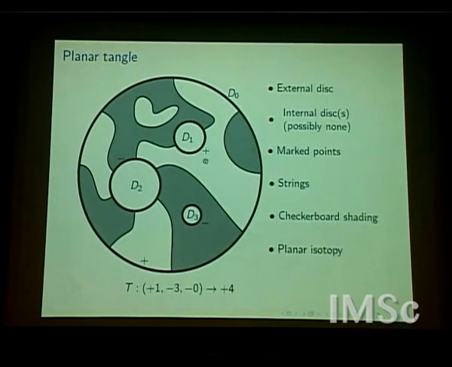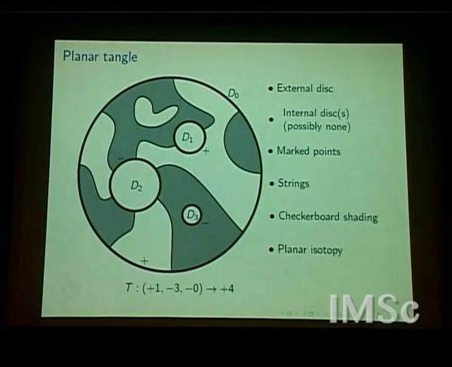For example, D1 has 2 points, so for that we will assign a color. The color will be a signed number, which is +1, half the number of boundary points, and this sign. D2 will have color -3 and D3 will have color -0, and this tangle actually goes from this input to this output. This is just a representation of how we will refer to a tangle.